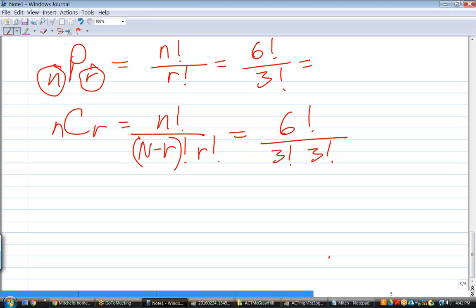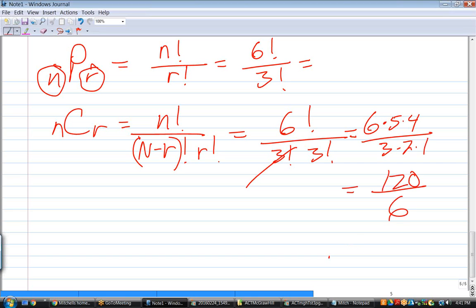So now what I end up with is 6 times 5 times 4 over, in other words, that takes care of one of them, over 3 times 2 times 1. So now I've got 120 divided by 6. There are only 20 ways to arrange 3 letters out of those 6 if order doesn't matter.